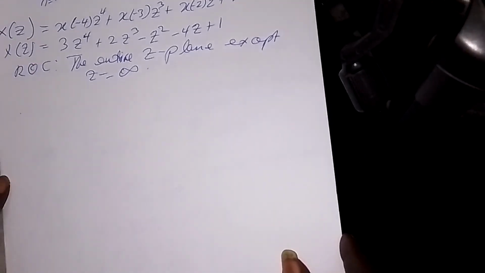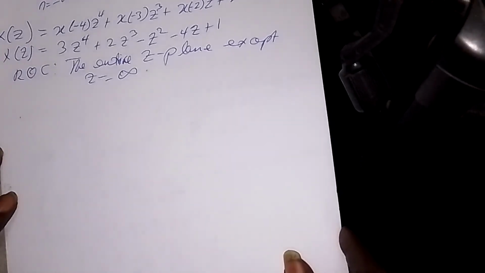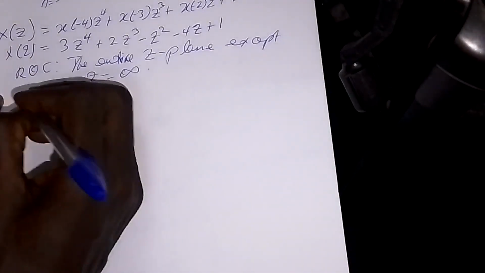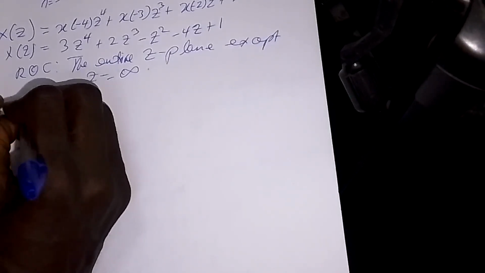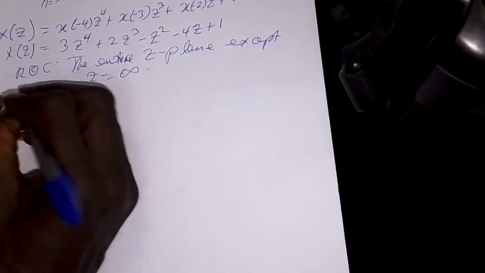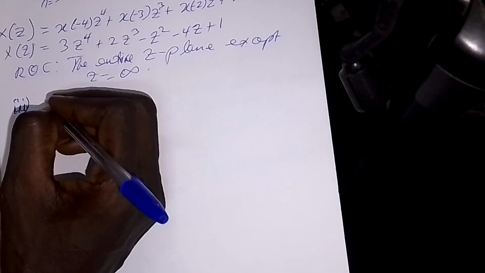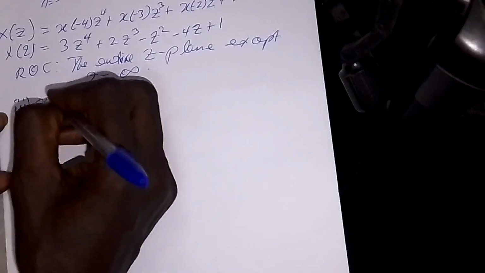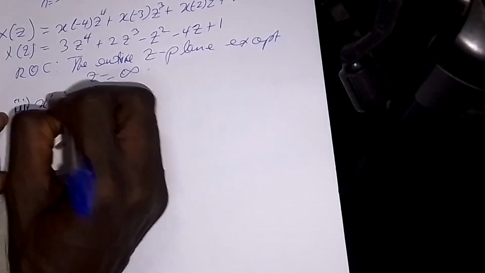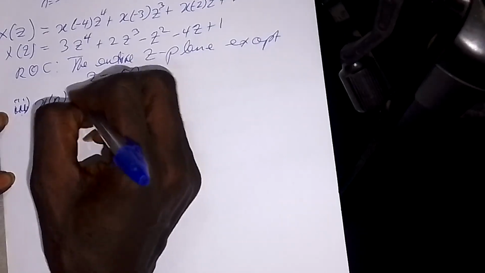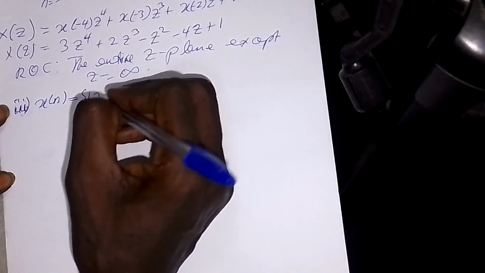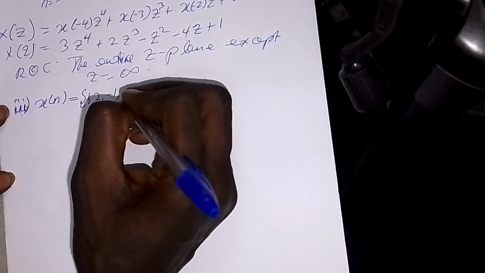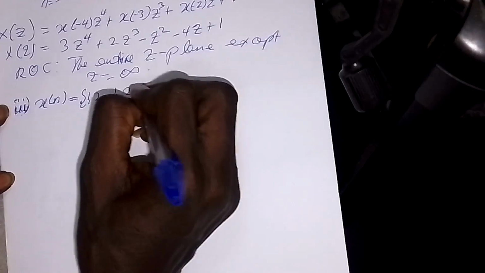So in the next question, we have part I. What do we have in I? x of n is equal to, here we have 1, 2, minus 1, 2 and 3.